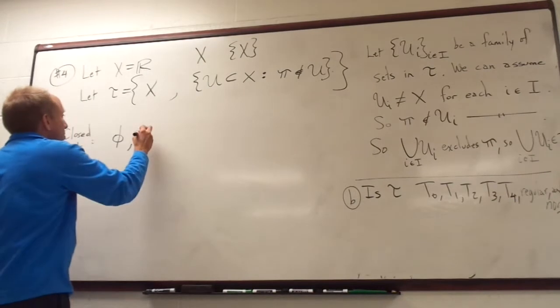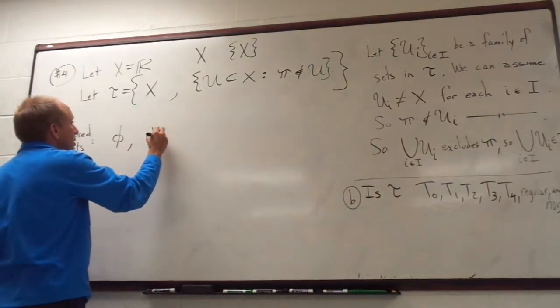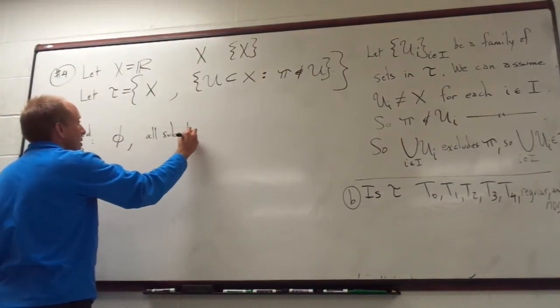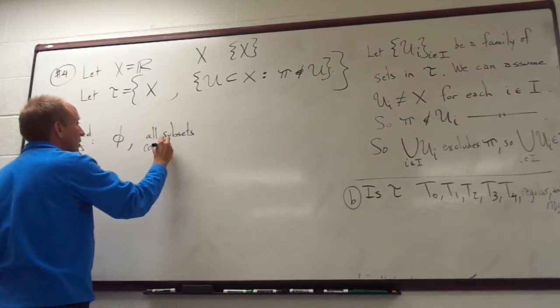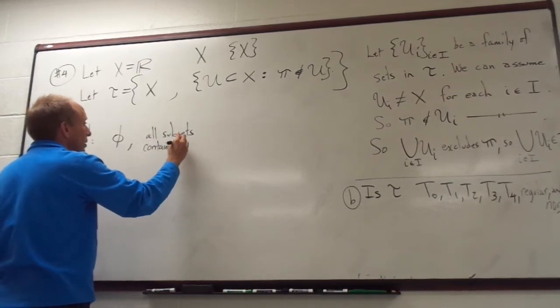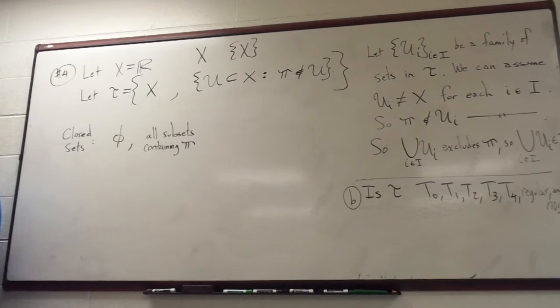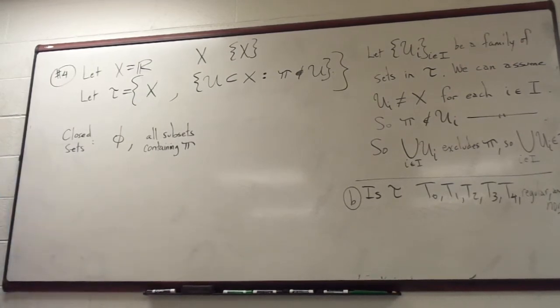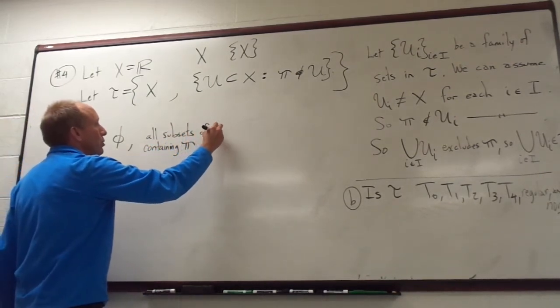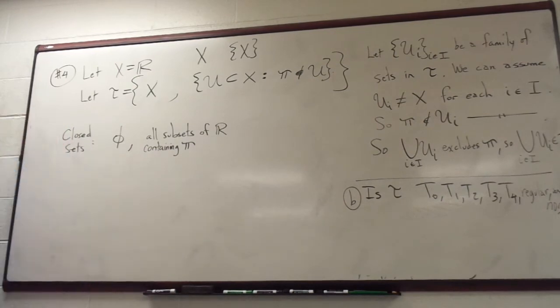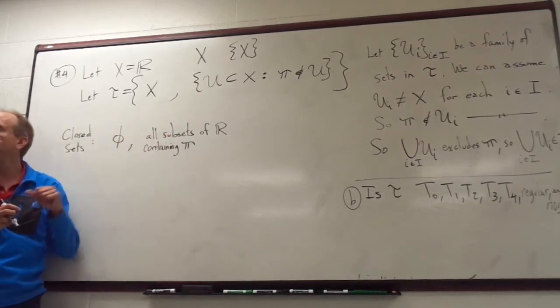So this is just going to be all subsets containing pi. Together with the empty set, it would just be all subsets of R that do contain pi. Agreed? And then X itself. Yeah, exactly.